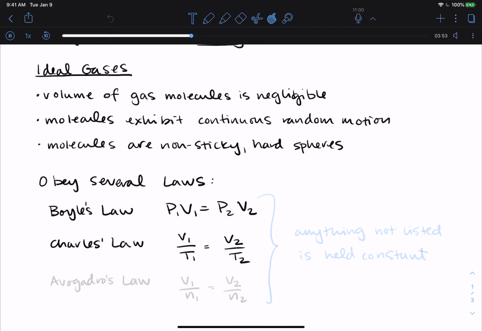Or if you change the volume, you can calculate what the new temperature would be. And then the last one is Avogadro's law, and it is the same Avogadro. So it won't surprise you that moles are involved here, and that this law says V1 over n1 equals V2 over n2.